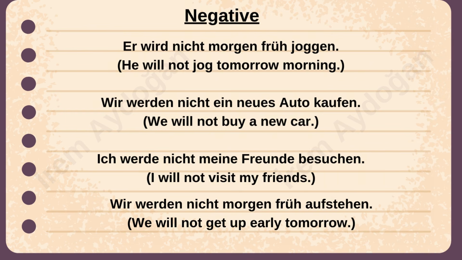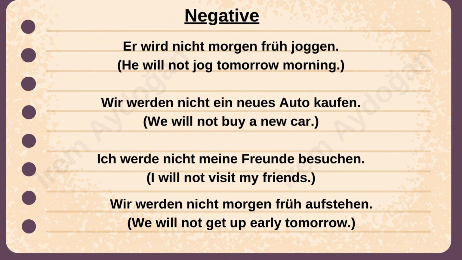What about the question part? If I use the auxiliary verb at the beginning of the sentence, it gives me the yes/no question. Wird er morgen früh joggen? Will he jog tomorrow morning? Werden wir ein neues Auto kaufen? Will we buy a new car?